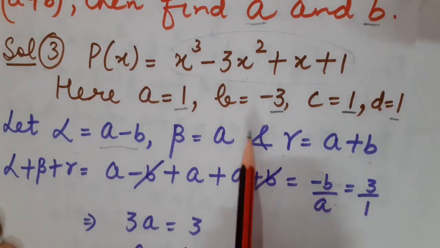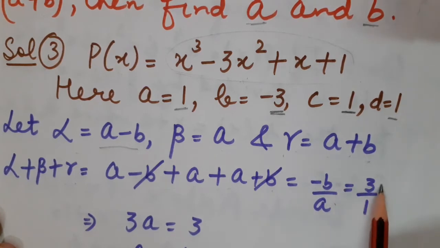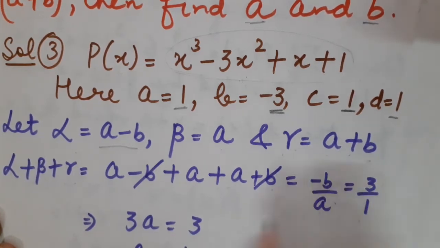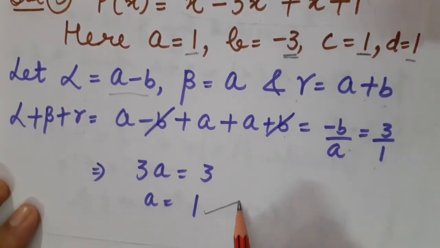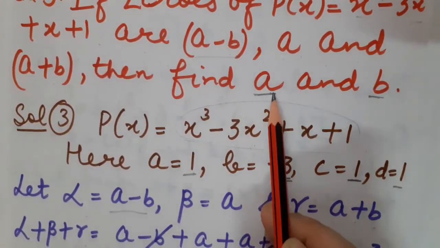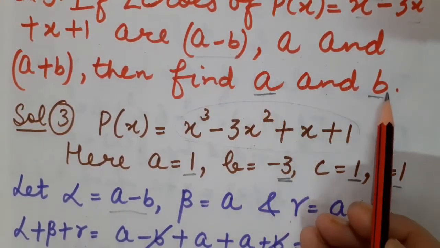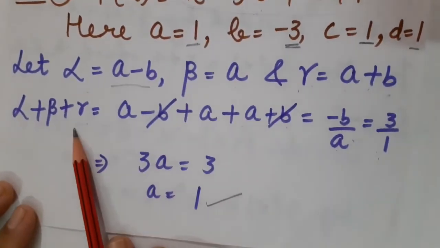What is b? b is minus 3. So minus of minus 3 will become 3 upon a, which is 1. After cancelling the minus b and plus b, I have got 3a equal to 3. So what is a? a is equal to 1. And what were we going to find out? We were going to find out the values of a as well as b. So the value of a I have just calculated from the sum of the zeros.